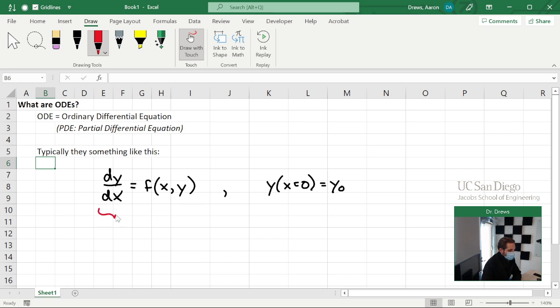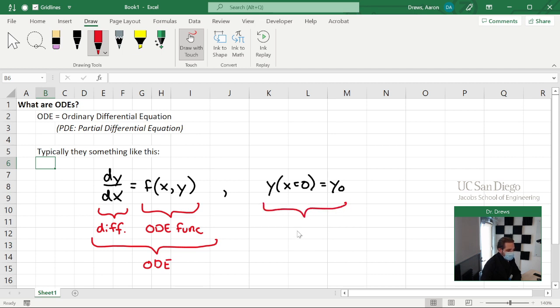So this term, this is your differential, which is not interpreted any differently than it is in your calculus classes. I don't think there's a technical name for this, but I usually call it the ODE function. The entire term over here, both of those lumped together, that's your full ODE.